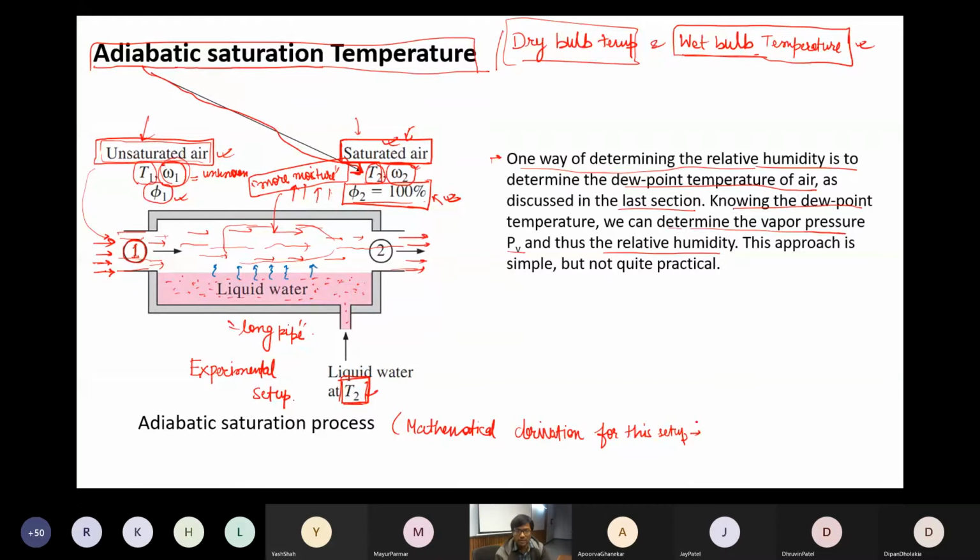What is our aim? Our aim is to find omega 1 and omega 2. Omega 1 and omega 2 are unknown: the specific humidity at inlet and outlet, given the temperature and pressure data.